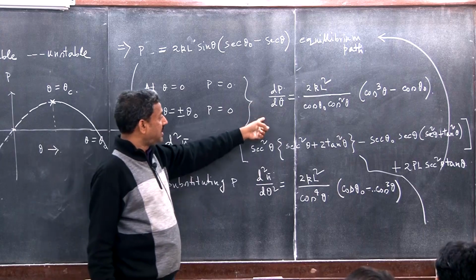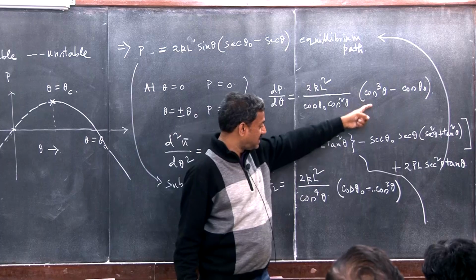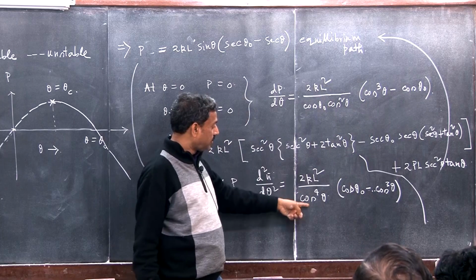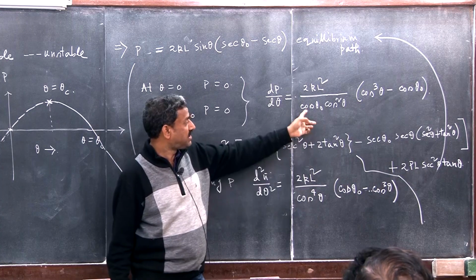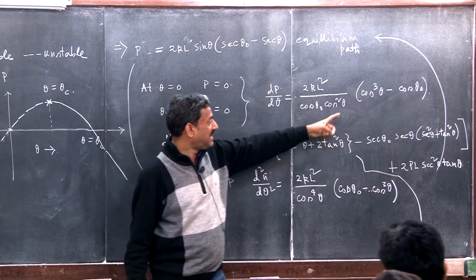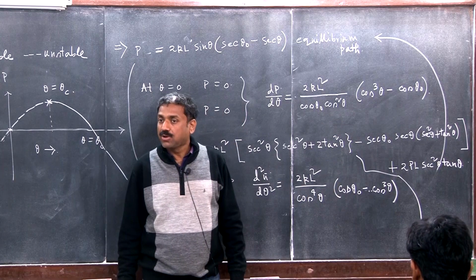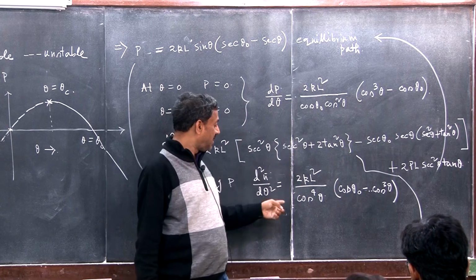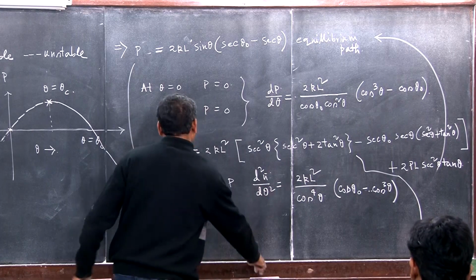Now what is dp d theta? This expression. Do you see the difference? The difference is this expression is the same in both. Here also this is always positive, cos to the power 4 theta is always positive, here also it is positive. Only thing is that this is exactly the negative of that. So that means unlike all previous cases, here dp d theta is nothing but minus d2 pi d theta 2. Do you see that? This is very important.